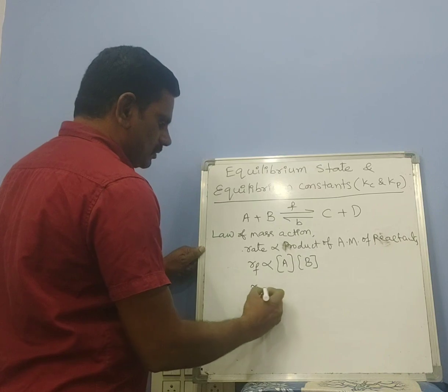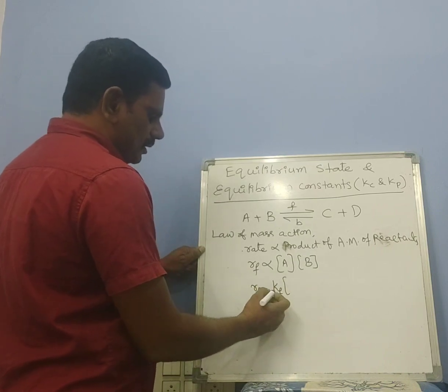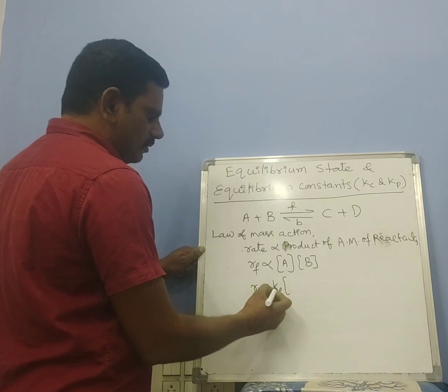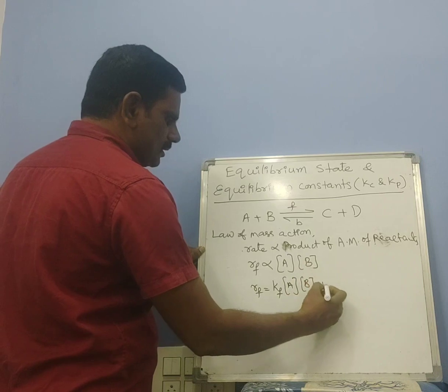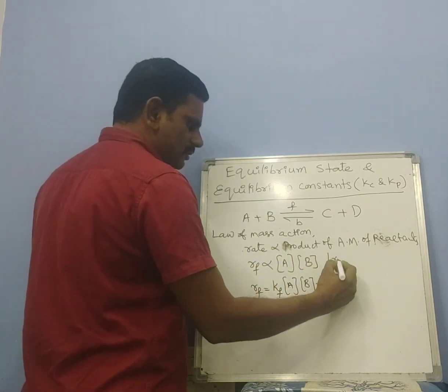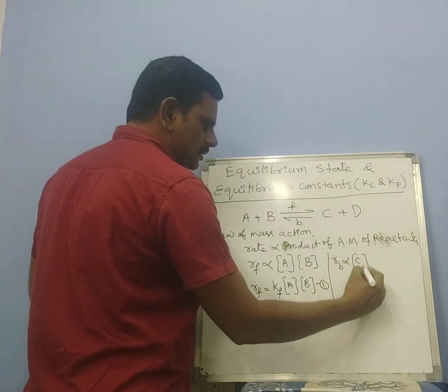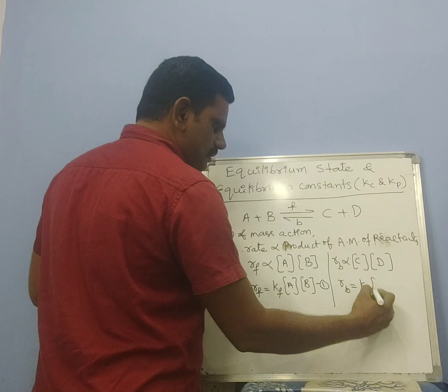So Rf equals some constant Kf times A times B. Kf is the equilibrium constant for forward reaction. Say equation 1. In the same way, for backward reaction, Rb is directly proportional to C into D, so Rb equals Kb times C into D.